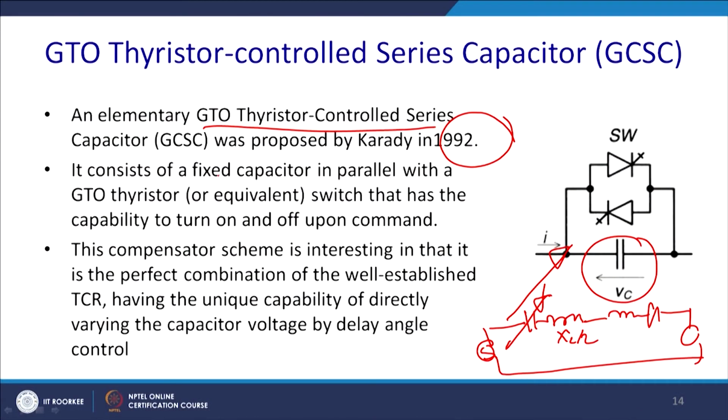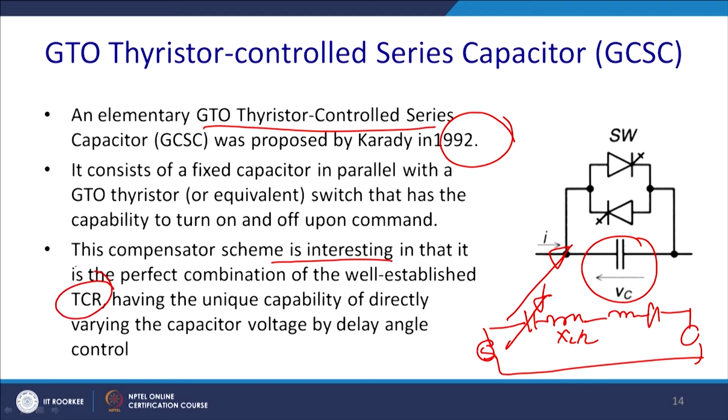It contains a fixed capacitor in parallel with the GTO or an equivalent switch that has the capability to turn on and turn off according to the command or the correct signal. The compensation scheme is interesting in that it is a perfect combination of the well established TCR.